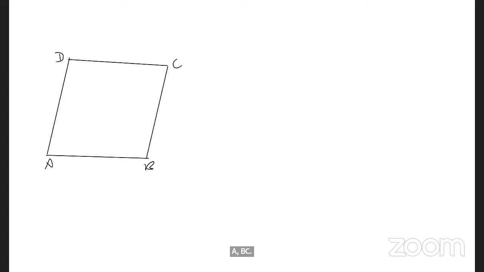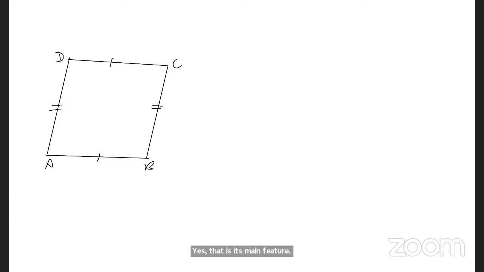In this parallelogram, it is a quadrilateral in which all pairs of opposite sides are parallel. Why is it called a parallelogram? Because the pairs of opposite sides, AB and DC, and AD and BC, are parallel. That is its main feature.